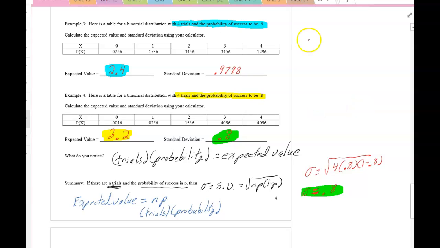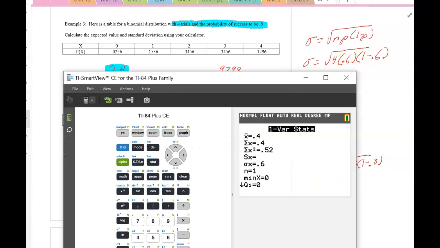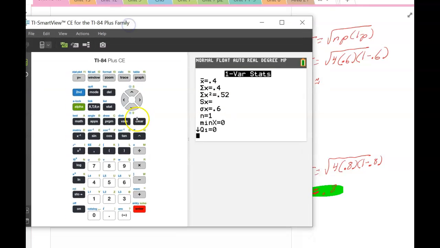So in example 3, the standard deviation is again square root of np times 1 minus p. There were 4 trials. The chance of success was 0.6, and then 1 minus 0.6. So let me show you how to do that on your calculator.